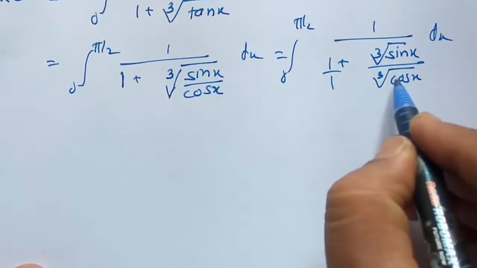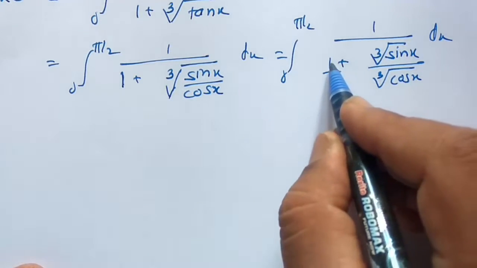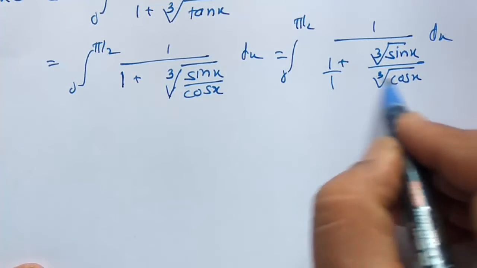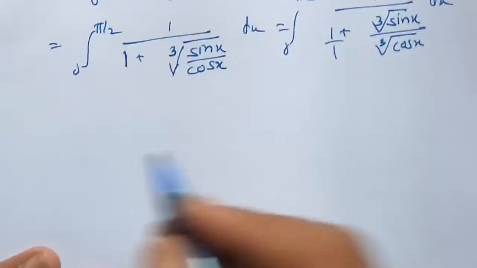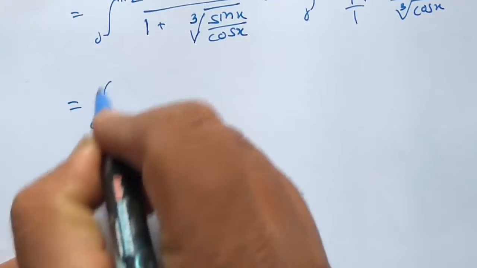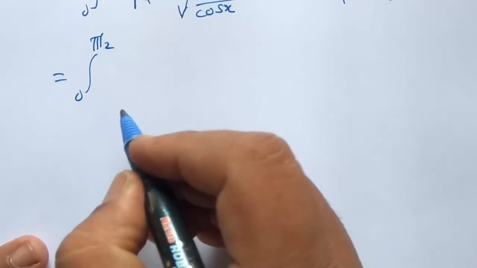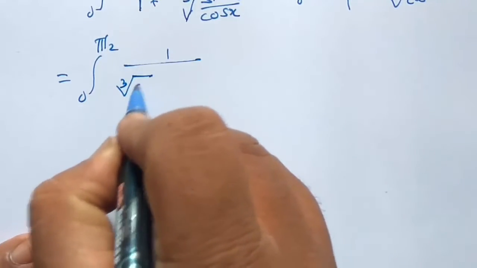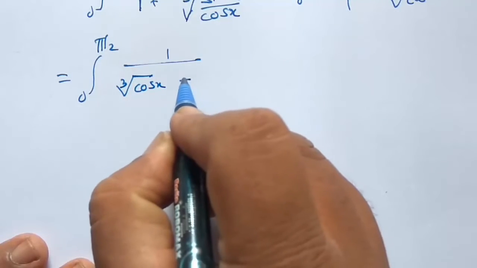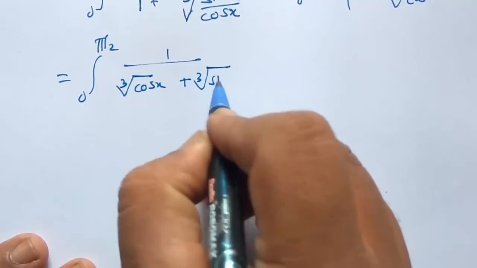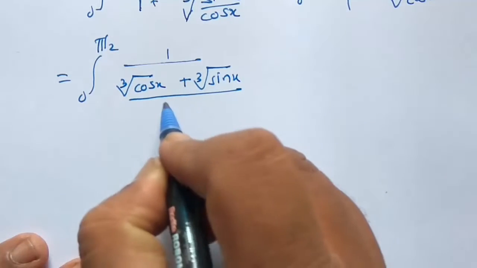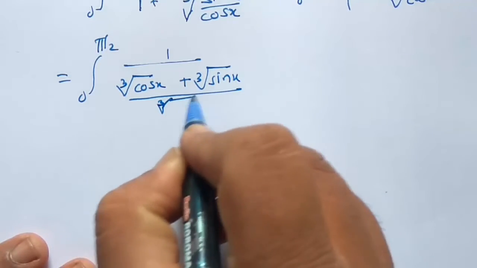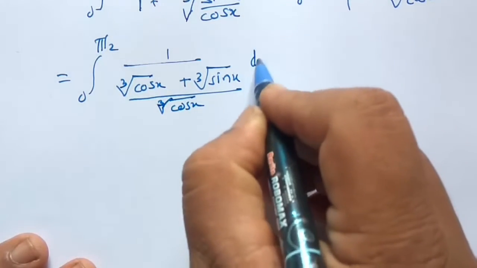Now the LCM is cube root of cos x, so we multiply by cube root of cos x, and therefore this is equal to the integral from 0 to pi by 2 of 1 upon cube root of cos x plus cube root of sin x upon cube root of cos x dx.